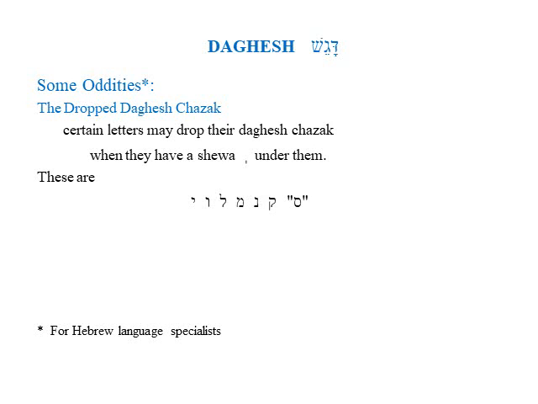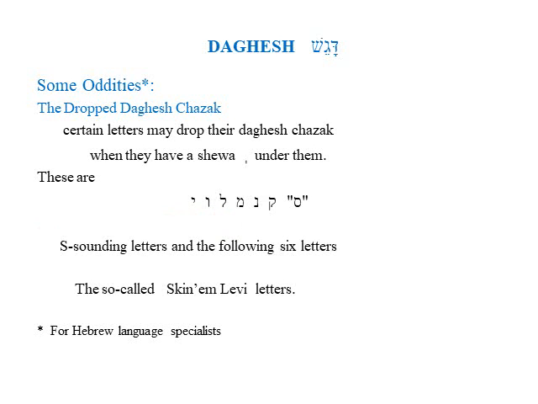These are the letters which are a sibilant, an S sound, or these letters, K, N, M, L, V, and Y. Put them all together as a mnemonic, and we call them the Skinem Levi letters. Skinem Levi. There's a good mnemonic and a good way of remembering these letters when they will lose their Dagesh Chazak, their strong Dagesh, when they have a Shva under them.